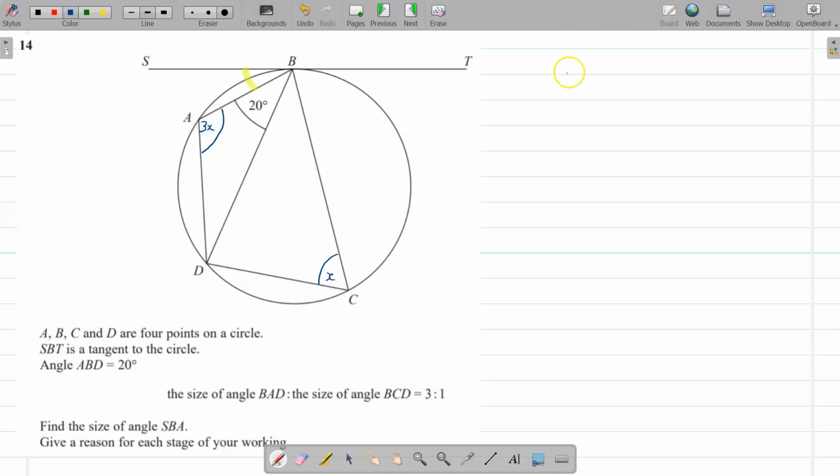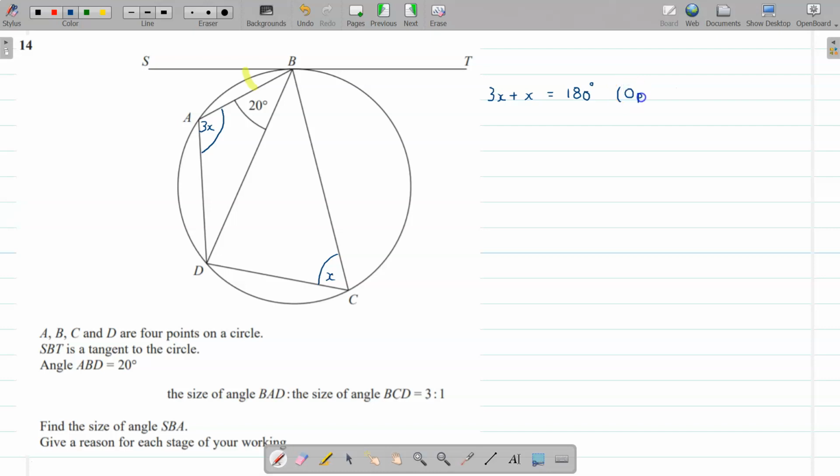Now I know that 3x plus x equals 4x, but it also equals 180 degrees. That's important. I know that because they're opposite angles in a cyclic quadrilateral, and they always add to 180 degrees.